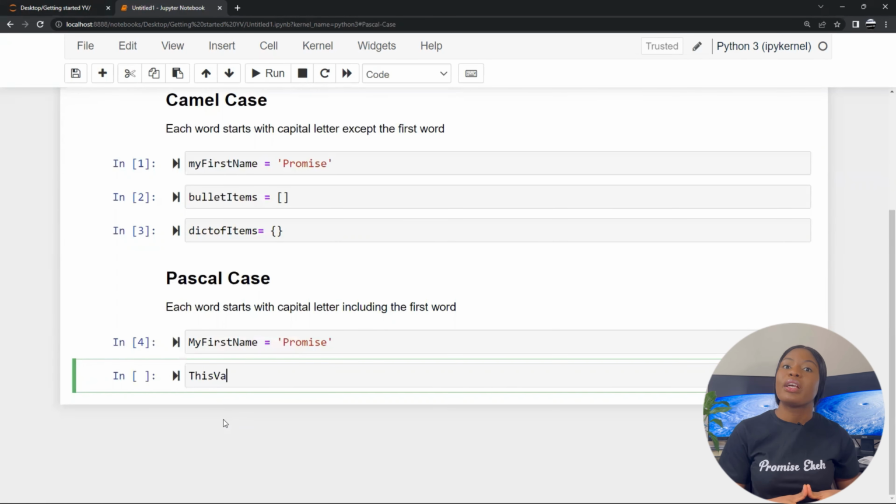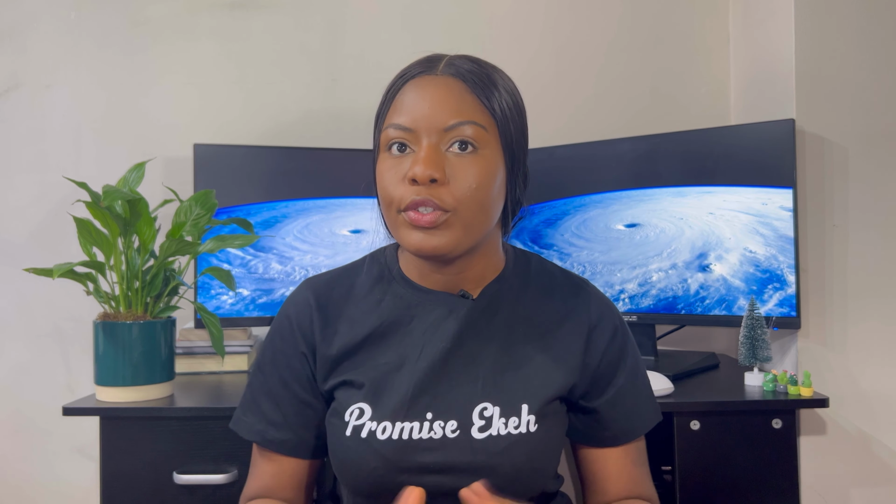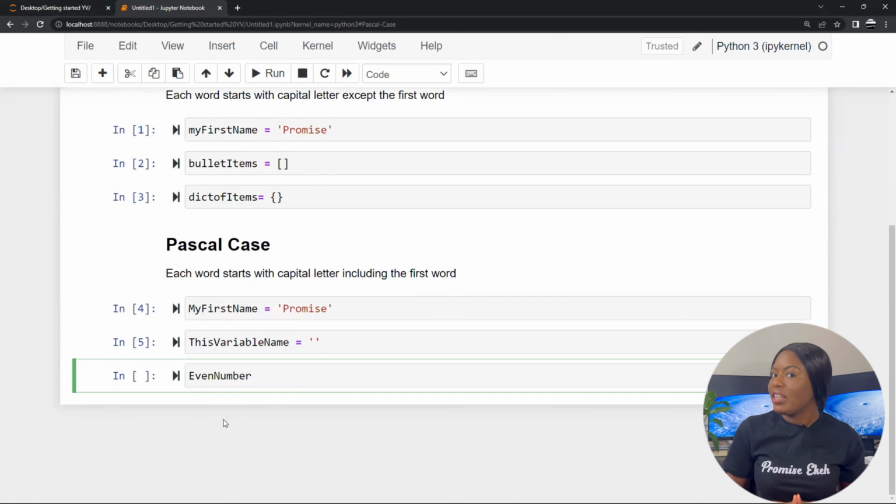So you say this variable name, the T in this will be capital, V in variable will be capital letter, and N in name will be capital letter. Aside from this, every other thing would be a small letter. Then even numbers, so E in even and N in numbers will be capital. Every other thing would be a small letter.